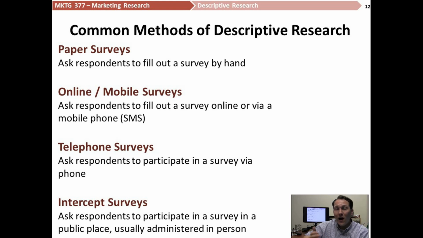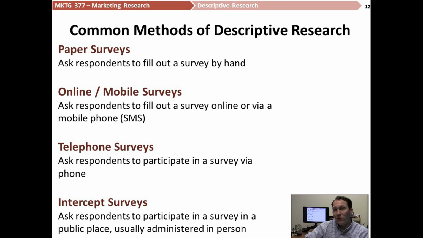Telephone surveys, which are often administered by a human being calling someone and taking them through a survey, although they can also be administered by computer systems that walk you through a survey. And then intercept surveys are where human beings stand in a really crowded place and they try to get people within that crowd to take a survey. Sometimes they just hand them a paper survey and let them take it. Other times they actually read the survey and write down the answers themselves and administer it themselves.